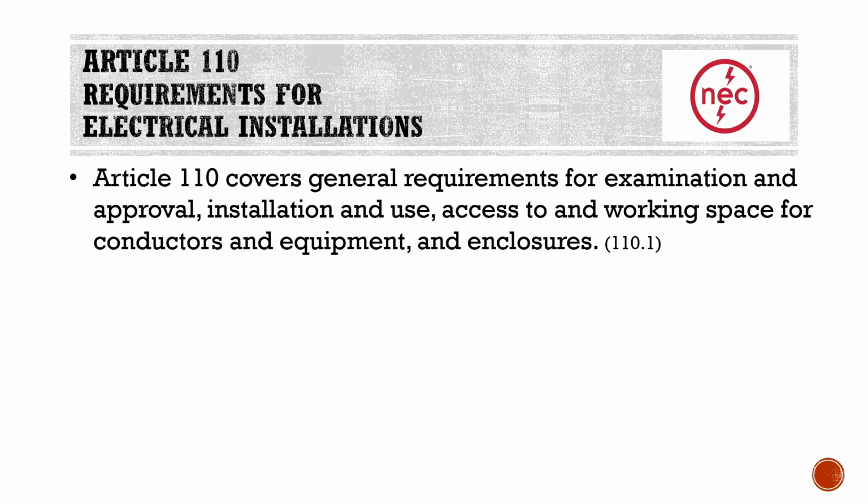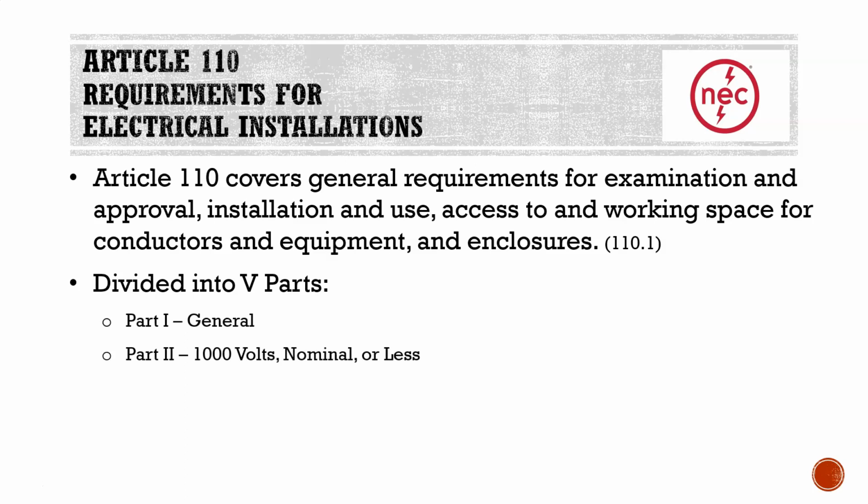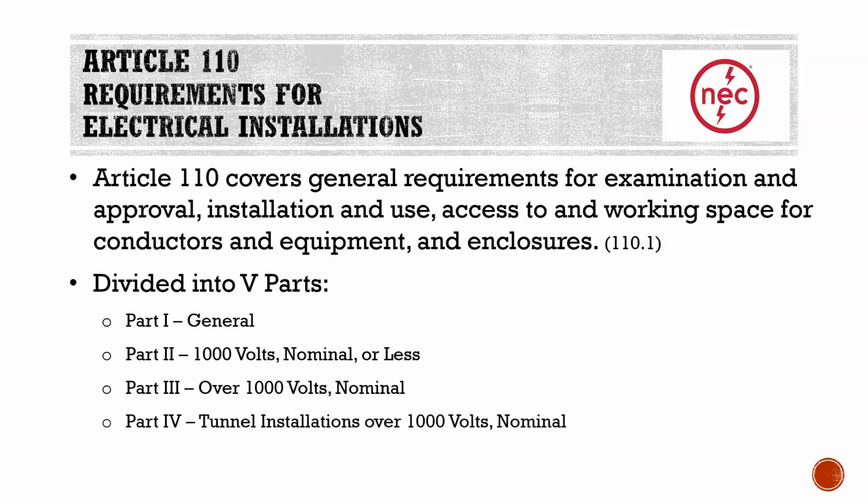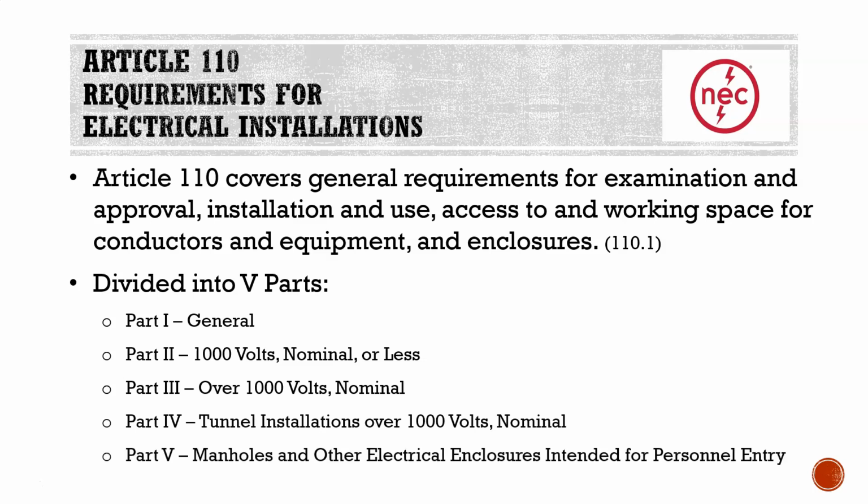And it's divided into 5 separate parts: Part 1, general; Part 2, 1,000 volts nominal or less; Part 3, over 1,000 volts nominal; Part 4, tunnel installations over 1,000 volts nominal; and Part 5, manholes and other electrical enclosures intended for personnel entry.